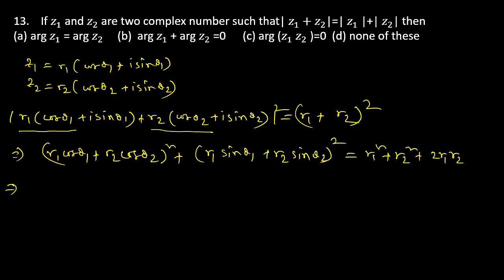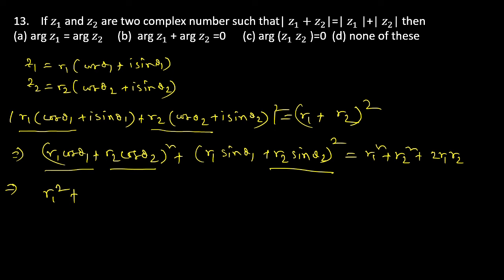Now here we get r1 square cos square theta 1 and here r1 square sin square theta 1. By adding this we will get r1 square. Similarly here we have r2 square cos square theta 2, and here r2 square sin square theta 2.